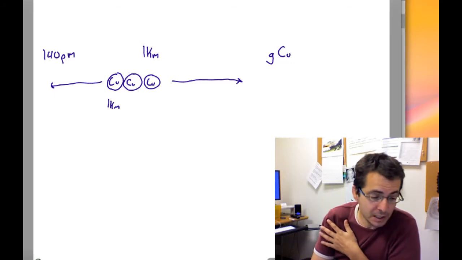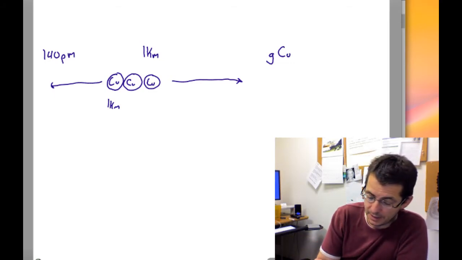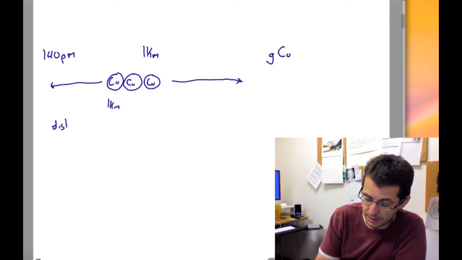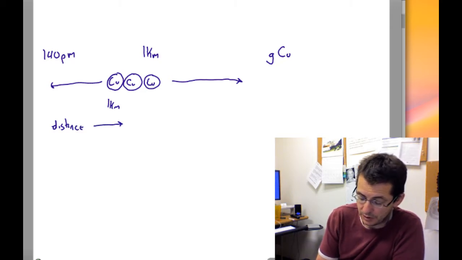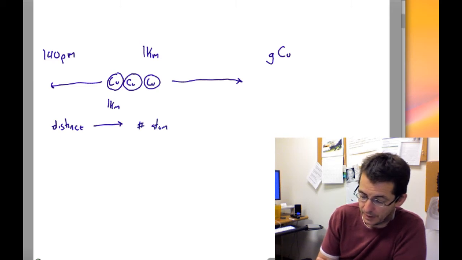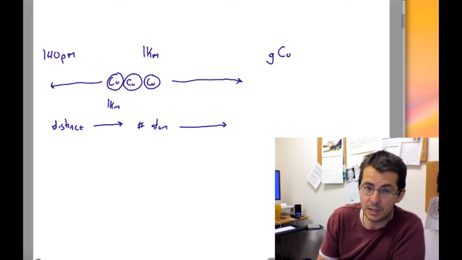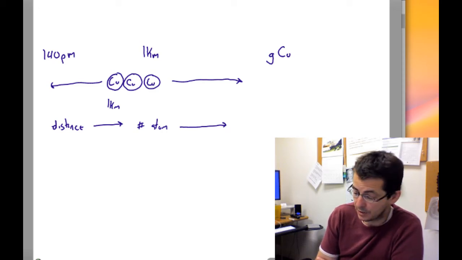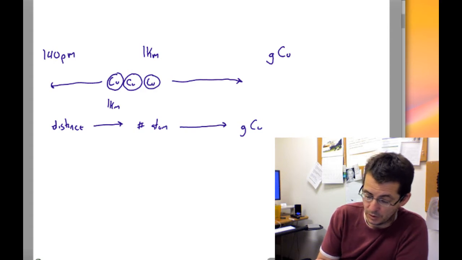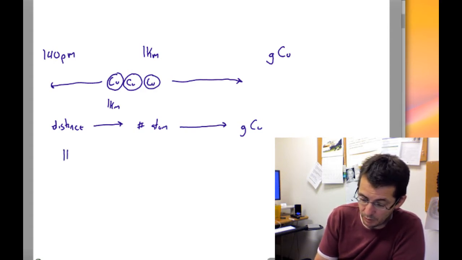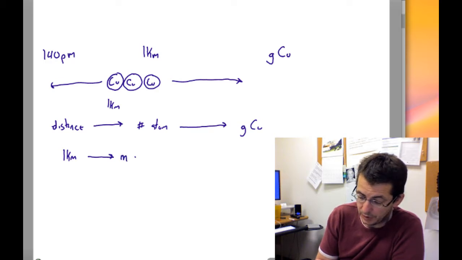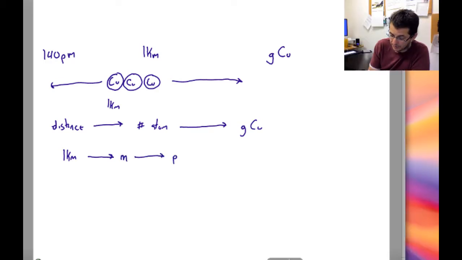So we need 1 kilometer of copper. Well, that's a distance, so we have to convert our distance into something we can use, and it turns out that we can relate that to numbers of atoms. And of course, we now know using Avogadro's number, we can convert numbers of atoms into grams. So probably a more direct way would be to convert our 1 kilometer into something usable like meters, and then into picometers.